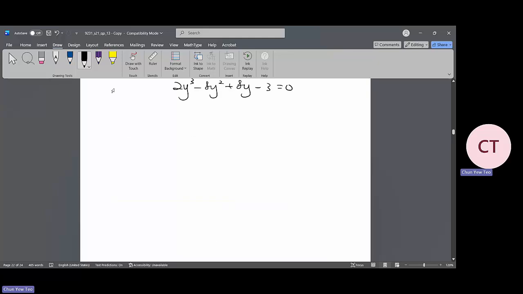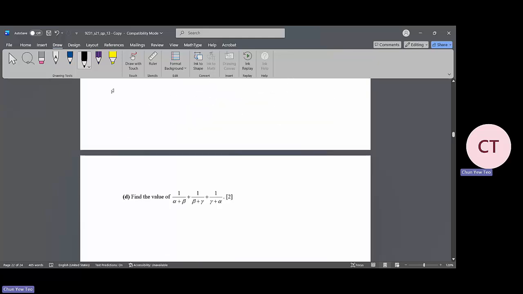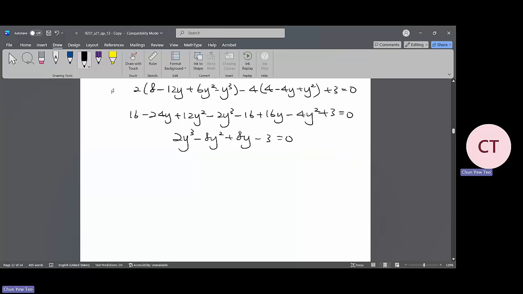D is to find 1 over alpha plus 1, 1 over beta plus 1, and 1 over gamma plus 1. So we know that the roots over here will be alpha plus beta, alpha plus gamma, and beta plus gamma. Okay, so the roots for y are like this.